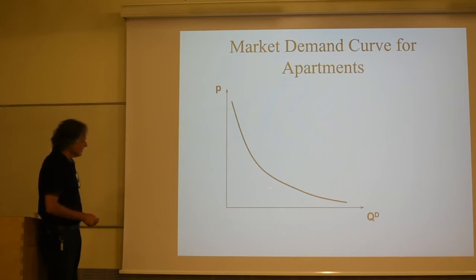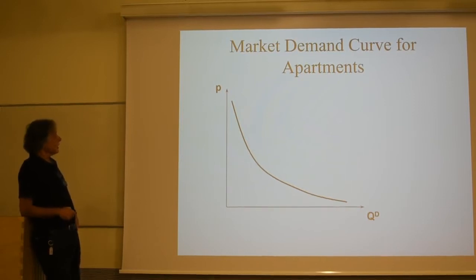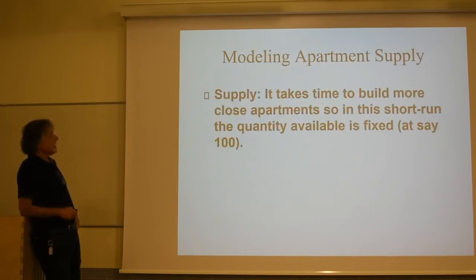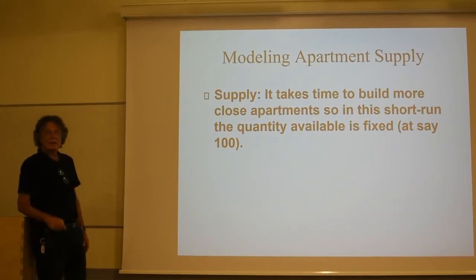At this price, even higher. So the demand curve is downward sloping, and it just asserts that the lower the price, the higher the quantity. It's a decreasing function.